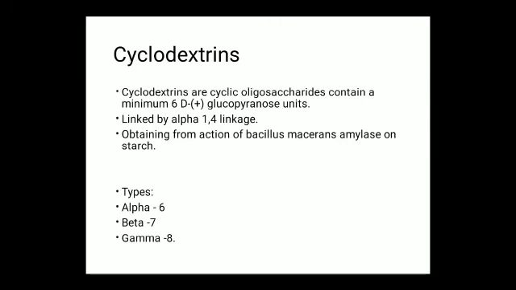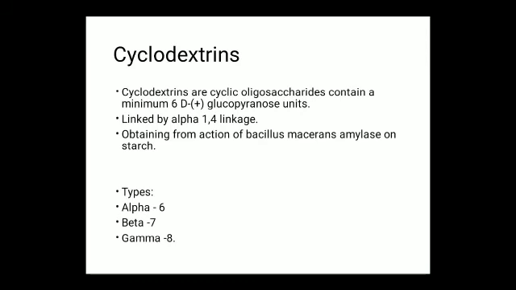Cyclodextrins are cyclic oligosaccharides containing a minimum of 6 glucopyranose units, held together by alpha 1,4 linkage. These cyclodextrins are obtained from the action of Bacillus macerans amylase on starch. There are 3 types of cyclodextrins available for complexation: alpha, beta, and gamma.